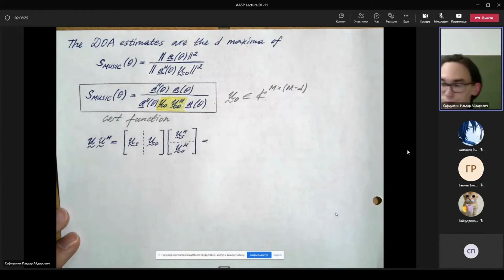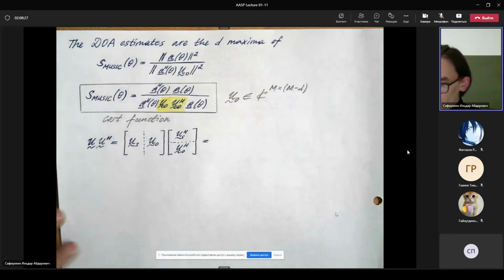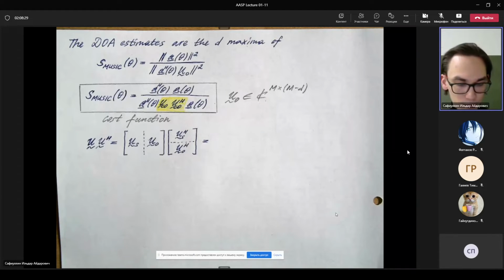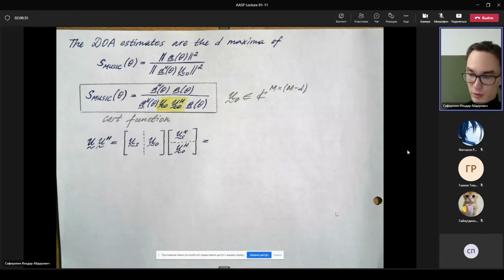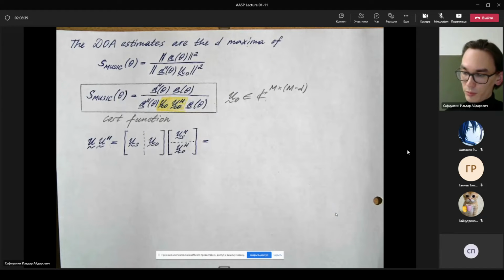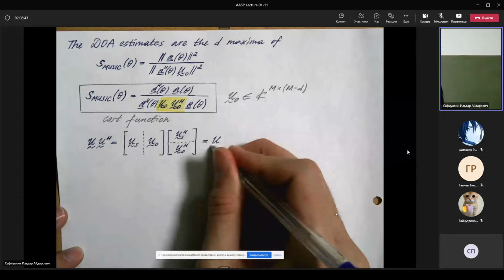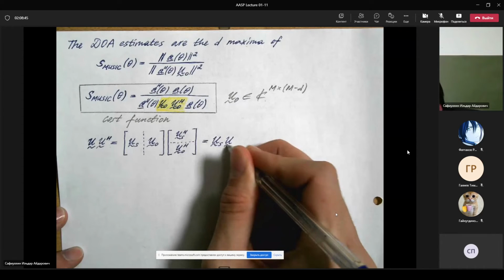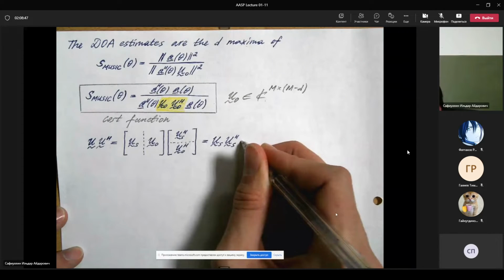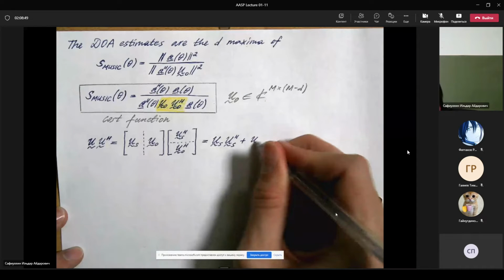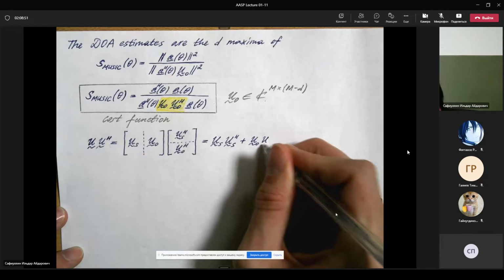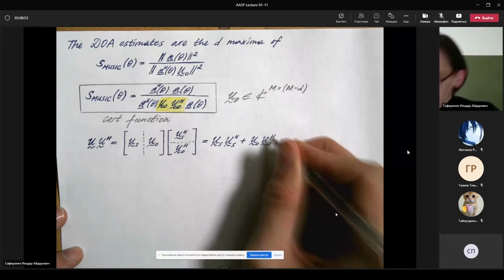And here you can see we use, I think, the outer product. So we multiply U of S with U of S Hermitian, plus U of 0 times U of 0 Hermitian.